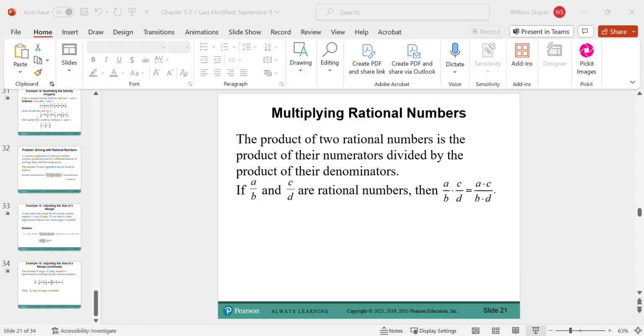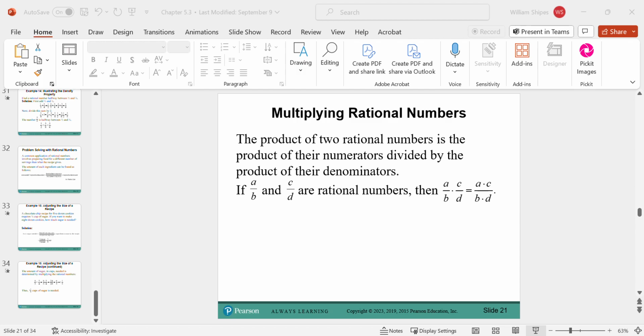We multiply 8 dozen over 5 dozen times the ingredient amount in the recipe. In this case, the ingredient amount is 3/4 cup of sugar. So the amount of sugar in cups needed is determined by multiplying the rational numbers 8/5 times 3/4. 8 over 5 times 3 over 4.